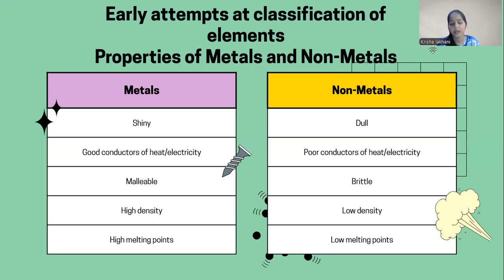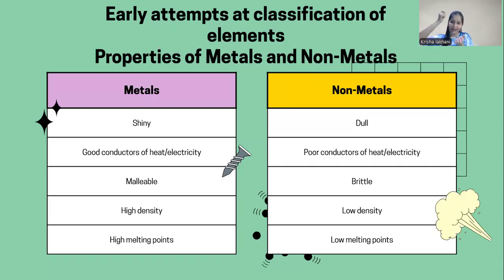On the other hand, metals are malleable and ductile. What do you mean by malleable and ductile? The word ductile is not given here, but you can definitely add it in metals. Malleable means metals can be hammered and made into thin sheets.